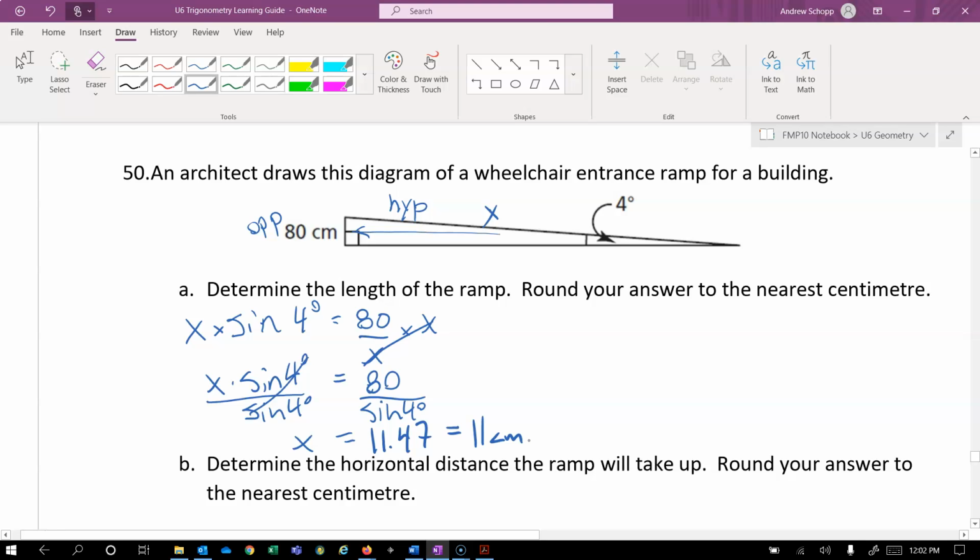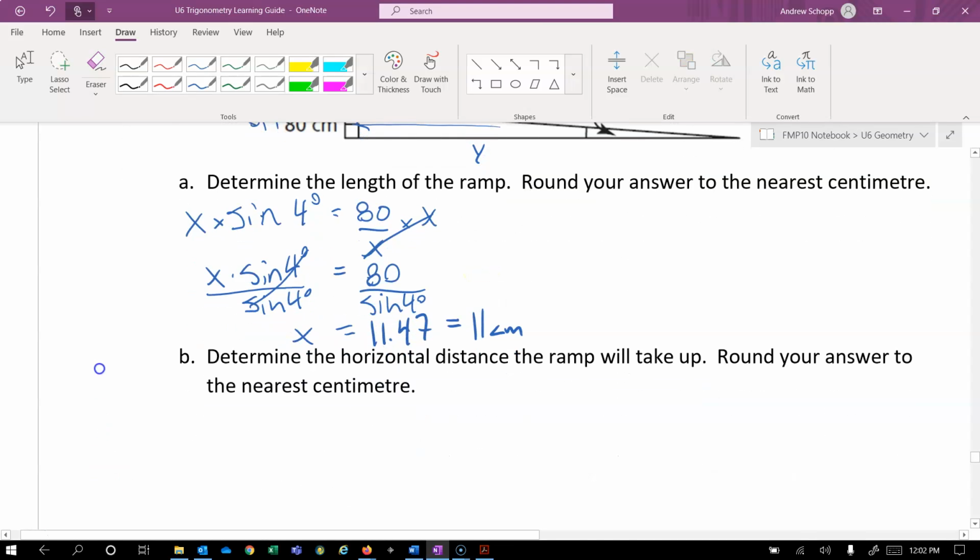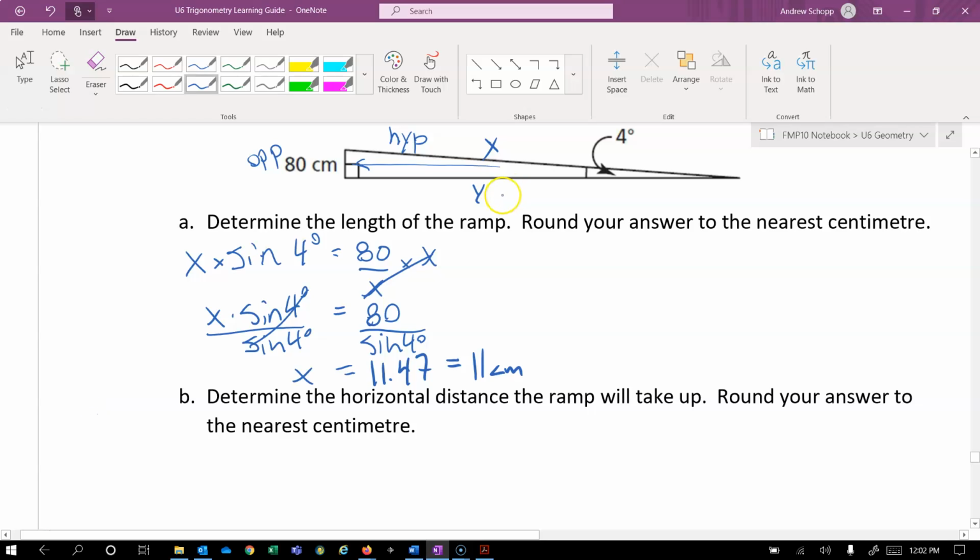B says determine the horizontal distance the ramp will take up. So let's call that y. And if we're looking for y, that's our adjacent side that we're looking for. And we know the opposite was the given value. So opposite and adjacent is the tangent of 4 degrees is 80 over y.